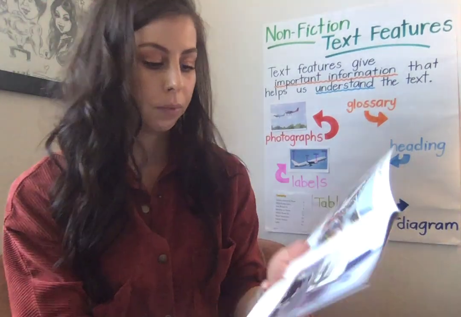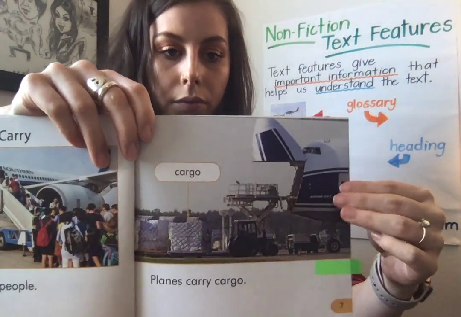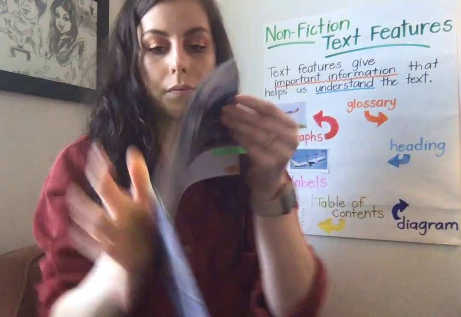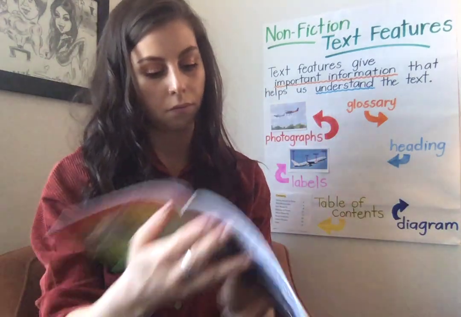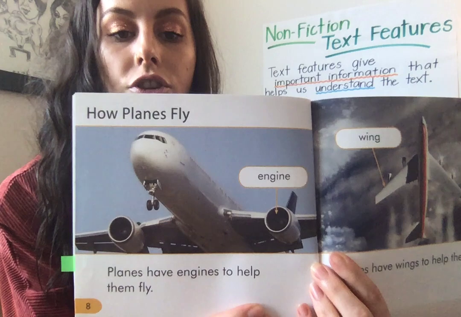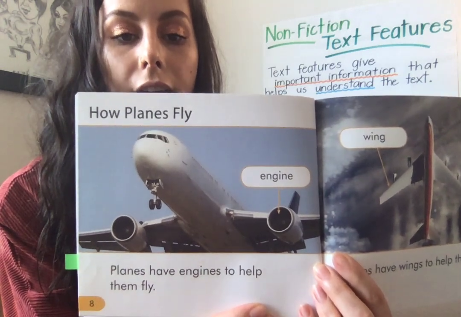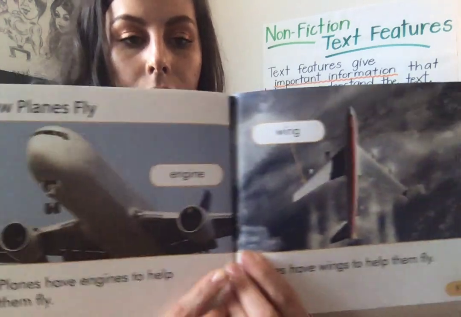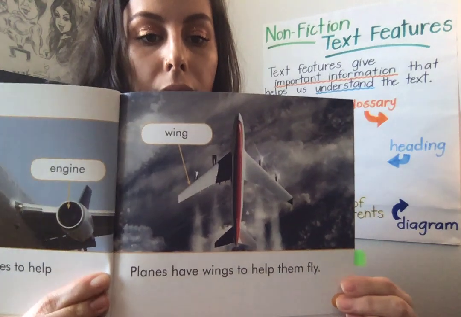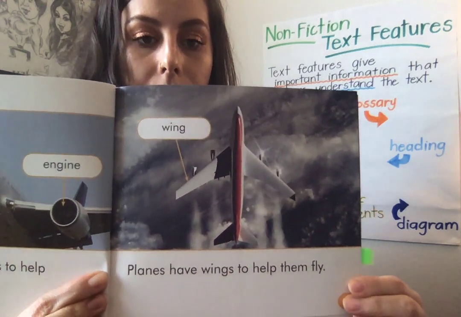So let's keep reading. Planes carry cargo. Planes have engines to help them fly. Planes have wings to help them fly.